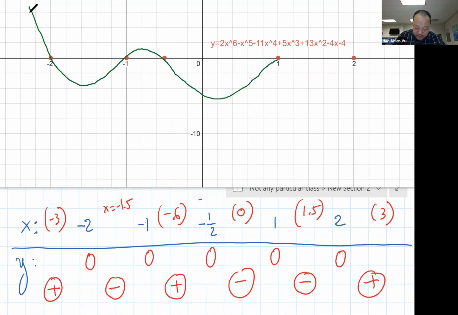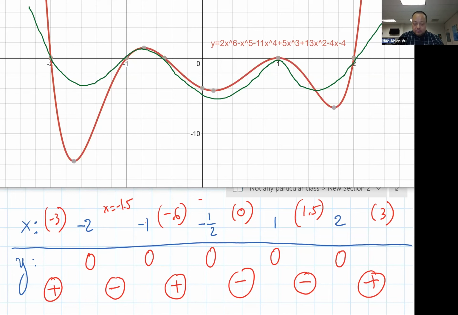Crossing, landing and takeoff, and crossing. The graph is something like this. Let's compare it with the real thing. Pretty good. Same shape. I miss how steep this is, but in terms of the general shape, it's pretty much identical. So that's how you draw the graph of a polynomial by using the table of signs.